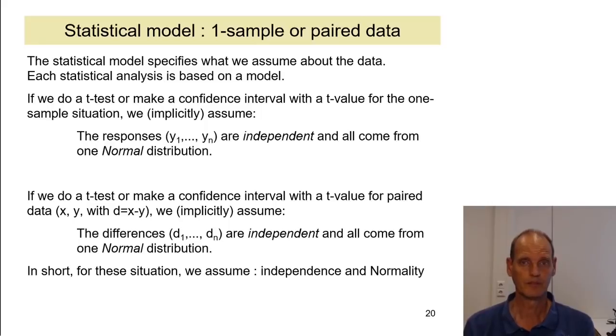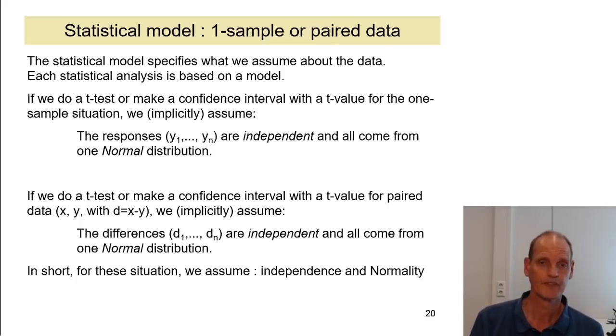Or if we make many measurements that are not independent, for example, people from one family or so, or repeated measures on the same individual, then the conclusions that we draw are also no longer correct because the model that we used was not correct. That is, the assumptions.